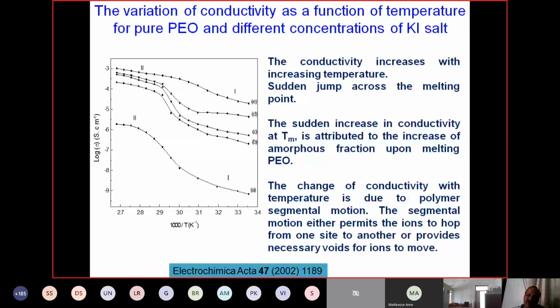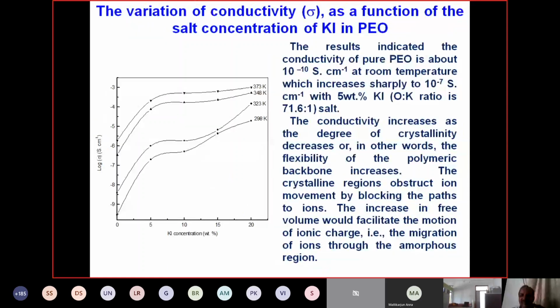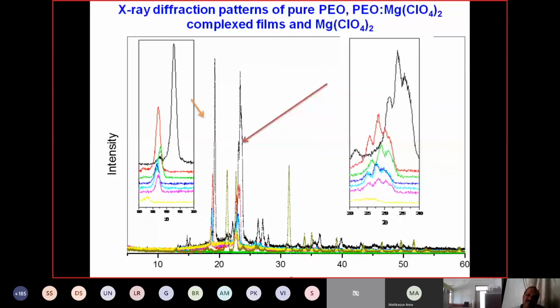This is about the X-ray patterns where we added the divalent salt, that is MgCl4. You see here the peaks of the polyethylene oxide, which have high intensity. When we added the salt, these peaks shifted towards the lower angle, and the peak intensity is decreasing.